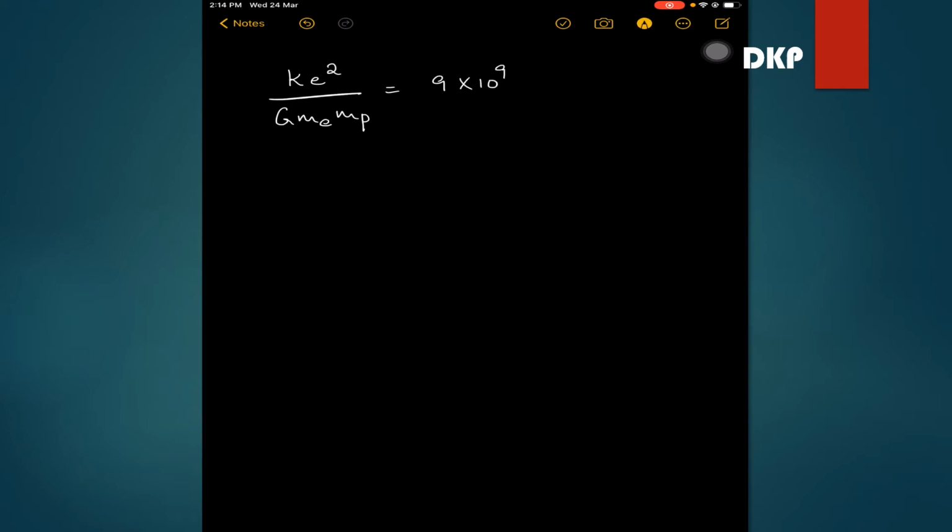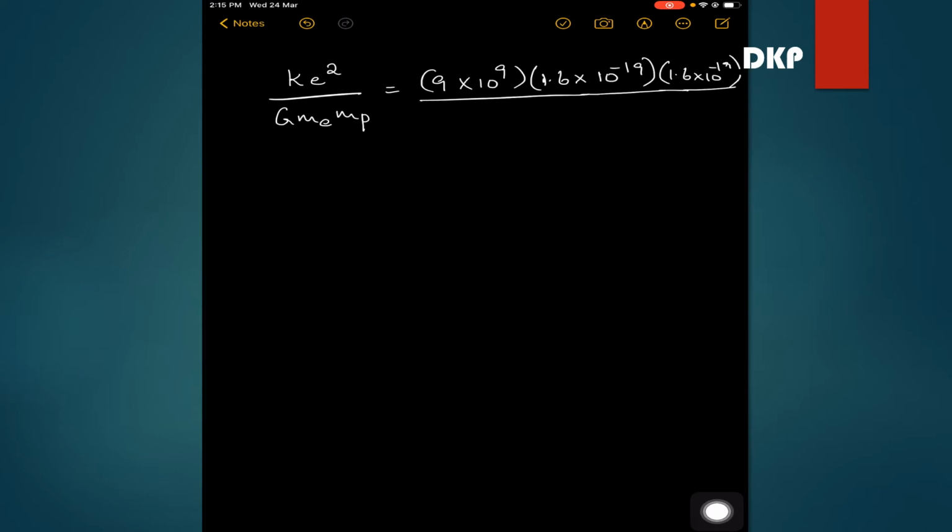This you have to remember. And the charge of electron is 1.6 into 10 to the power of minus 19, and the charge of proton is also the same, 1.6 into 10 to the power of minus 19.